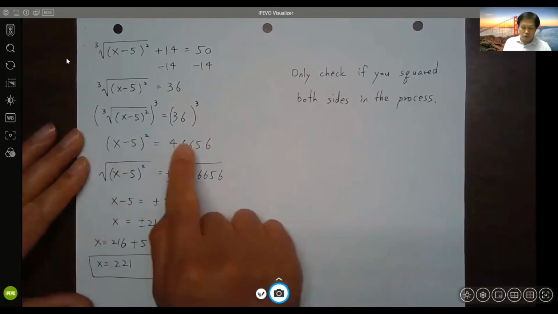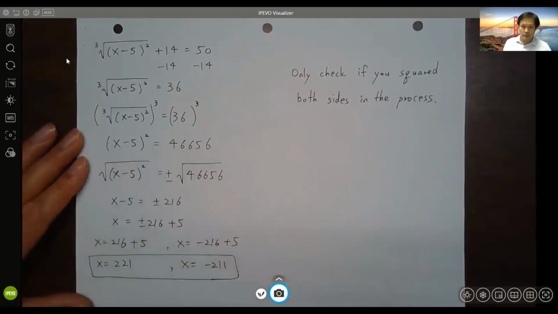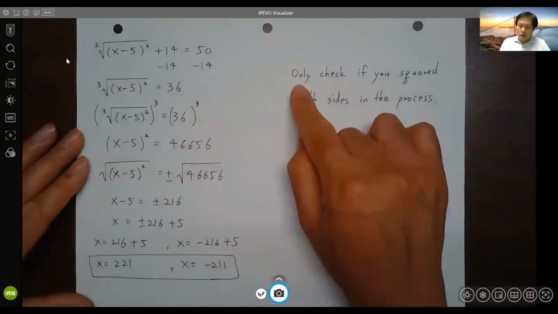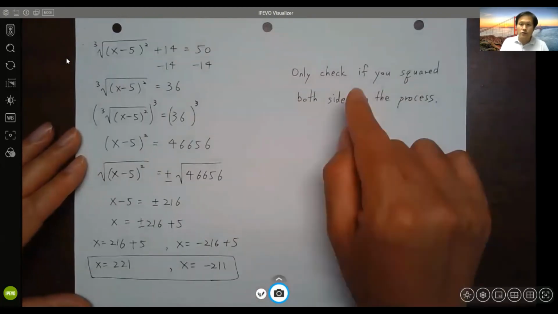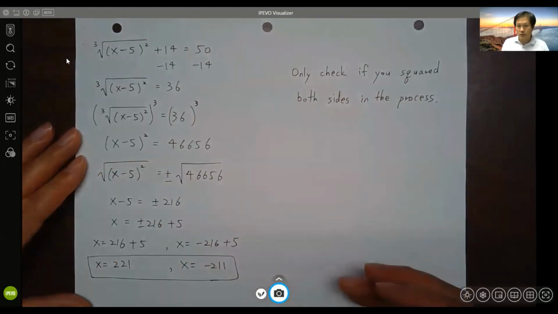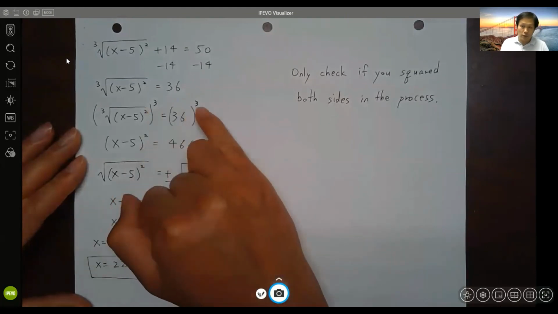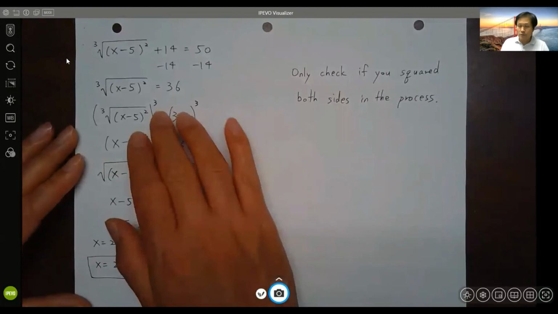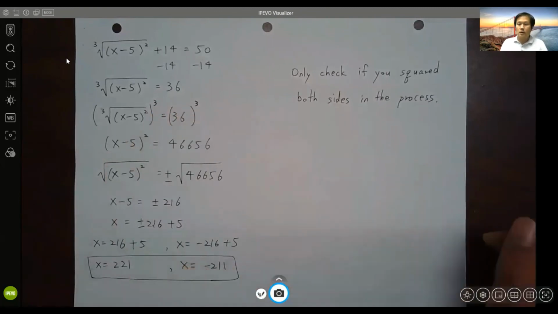Whenever you take a square root both sides, you always have to put plus minus. Okay, you only check by plugging into the original equation if you squared in the middle somewhere. Did we square? No, we took a cubic power. Odd power, you don't have to check. So whatever you get at the end are the answers.